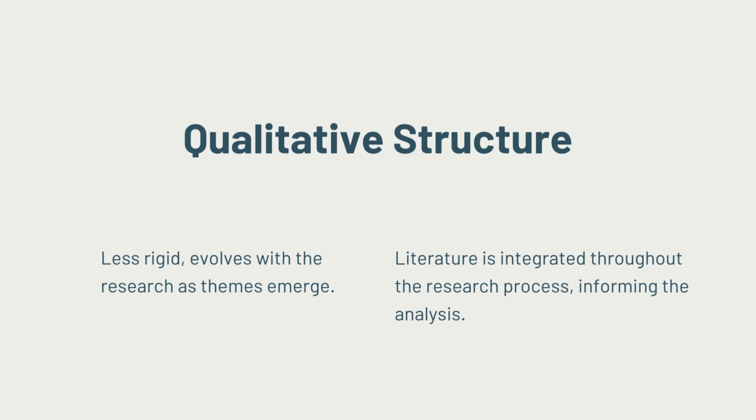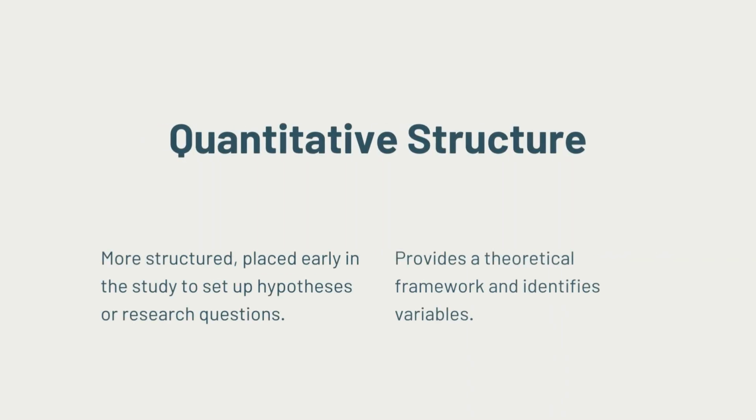So, according to Creswell and Poth in 2017, the literature review in qualitative research often supports an emergent design, which means that theories and concepts evolve alongside the data. And this is quite different from quantitative research, which can have a little bit of a more rigid and a more structured approach to its literature review.